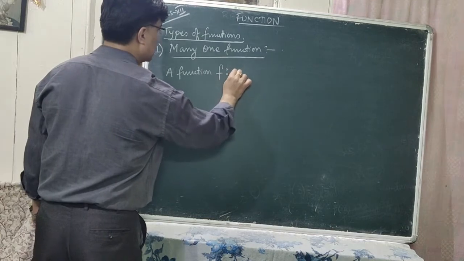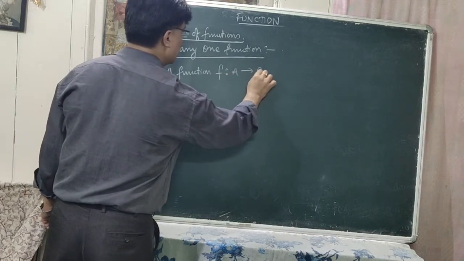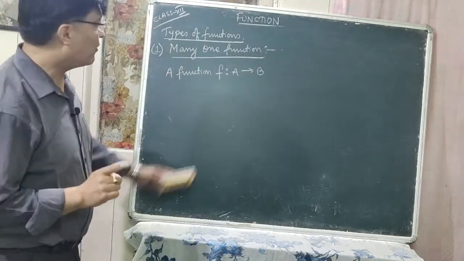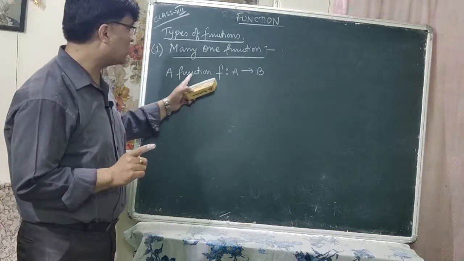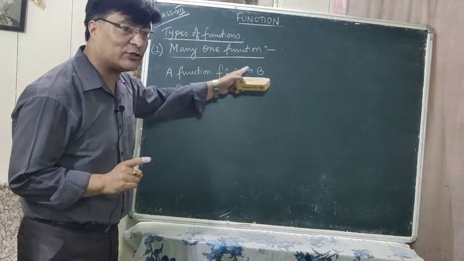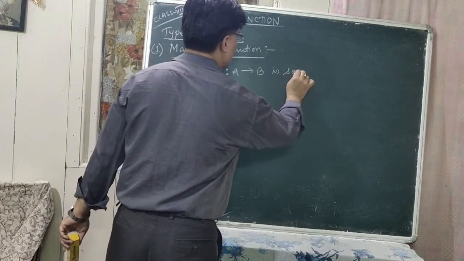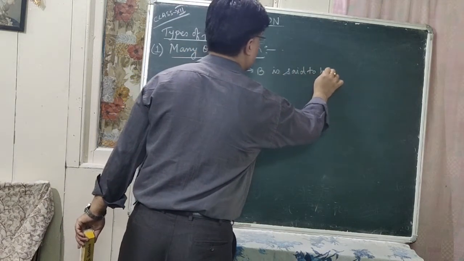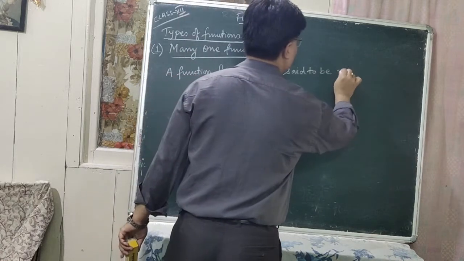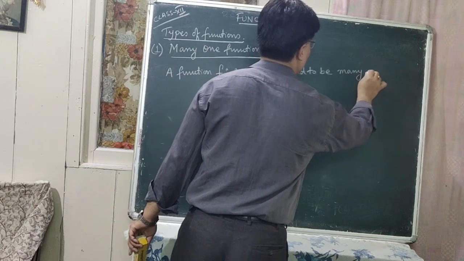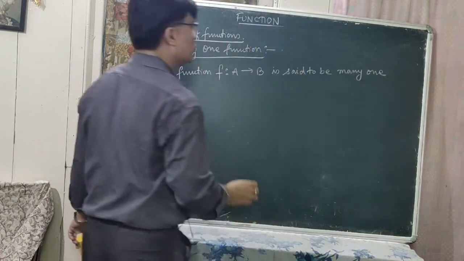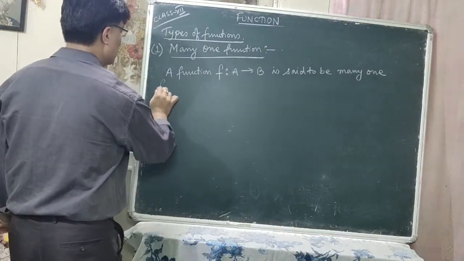f such that A to B, now we write the function like this, a function f such that A to B is said to be many one function.